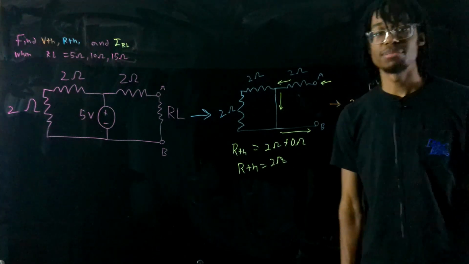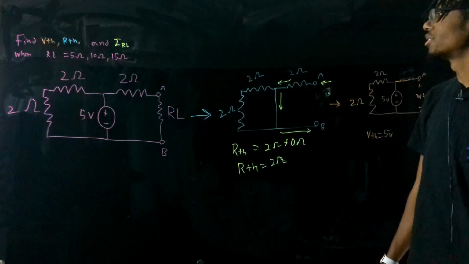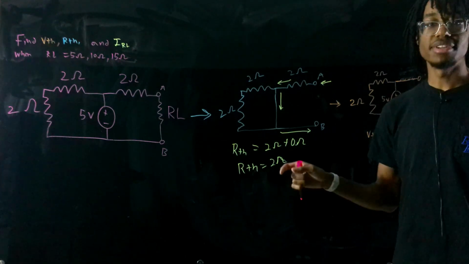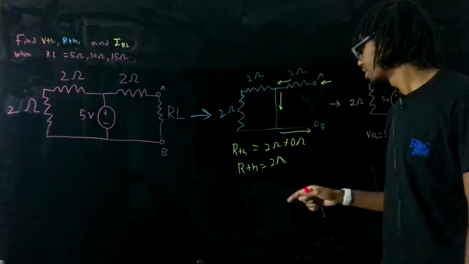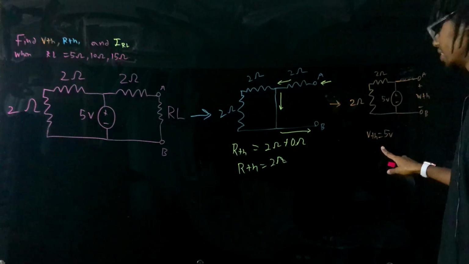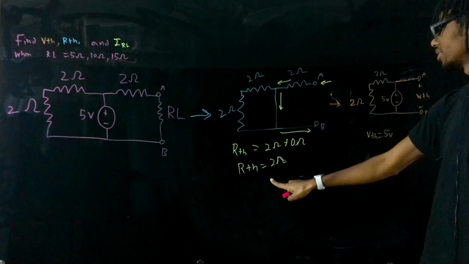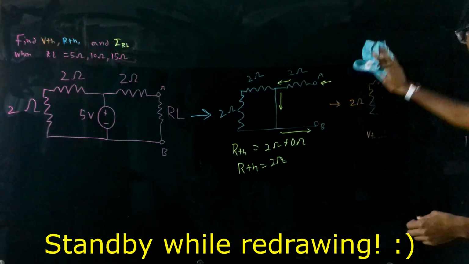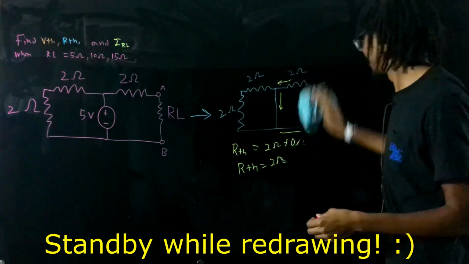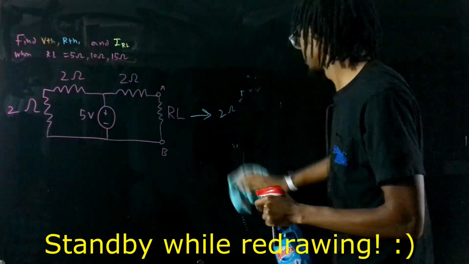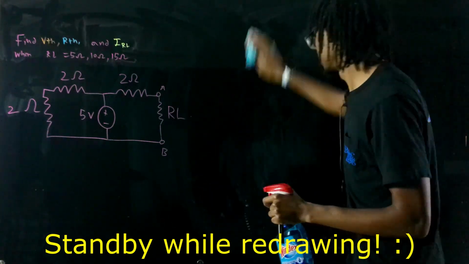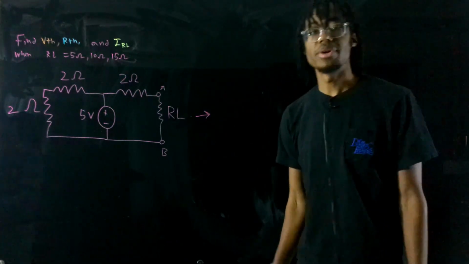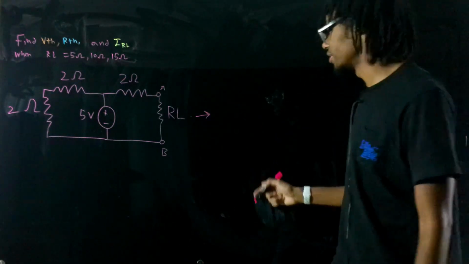Okay, so our third step in solving this circuit is to write down the Thevenin equivalent circuit. We'll use our VTH that we found and our RTH to redraw it. Then we have to draw our Thevenin equivalent circuit.